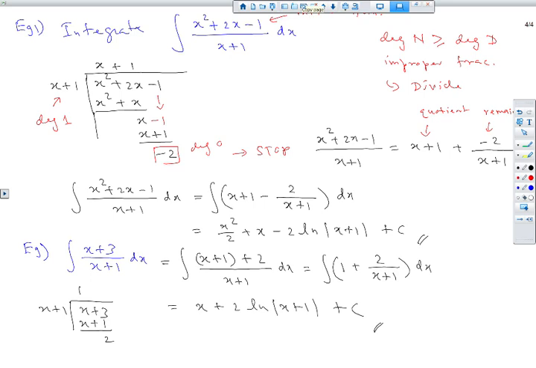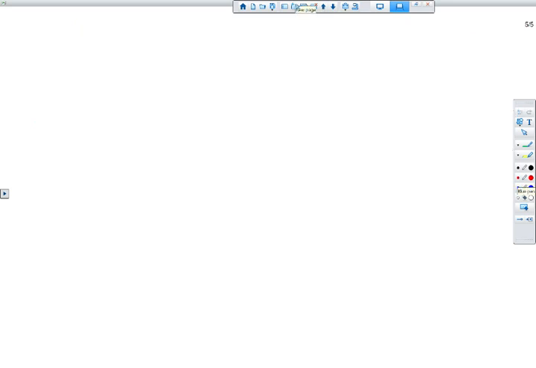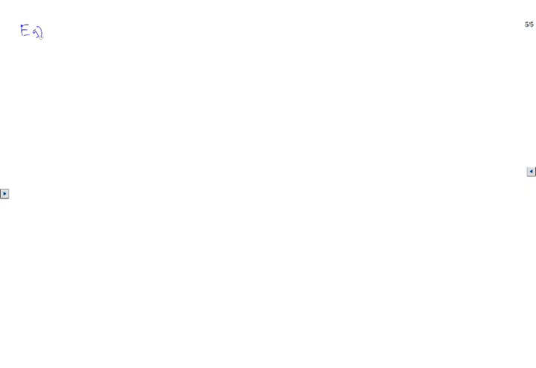So the next example, let's do this one. Integrate 5x minus 3 over x plus 1 times x minus 3 dx.